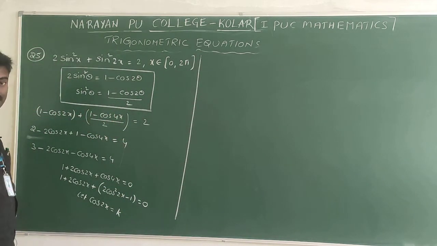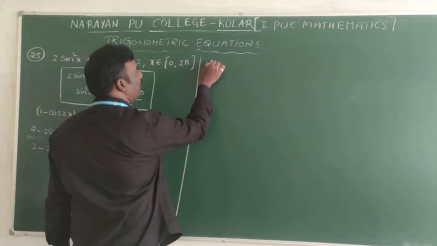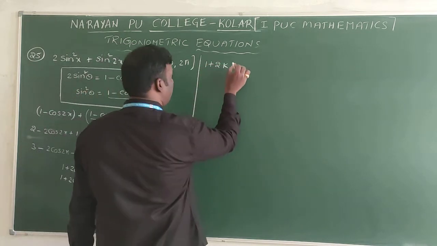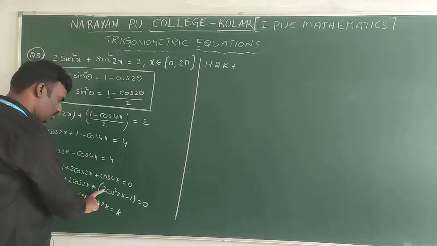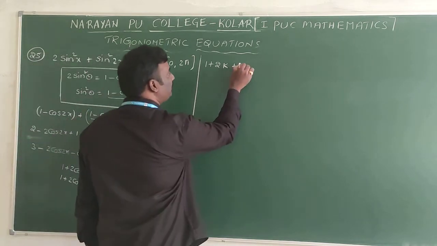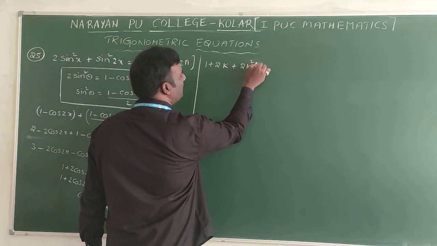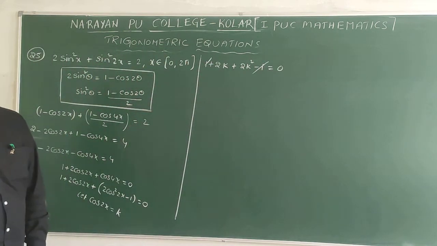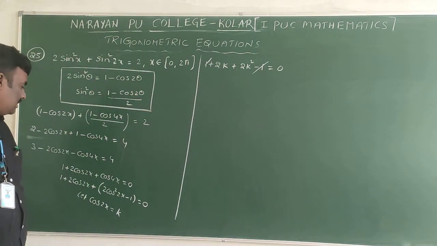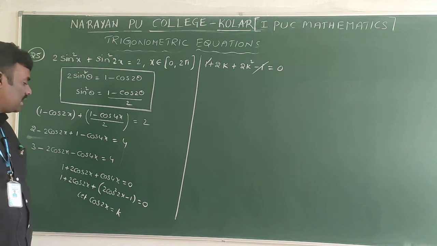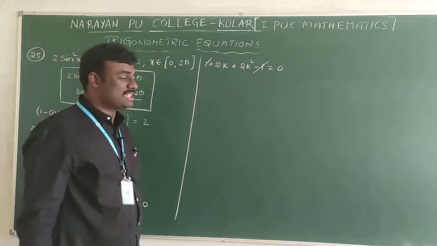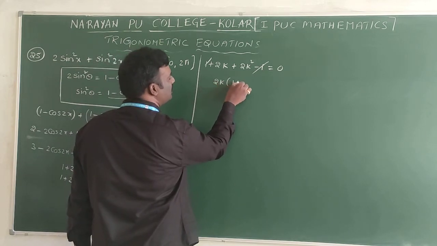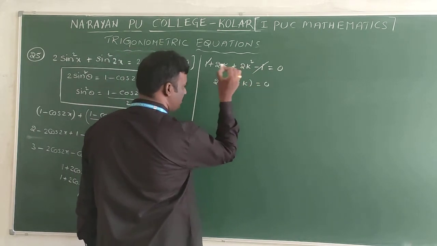Now this can be written as 1 plus 2k plus 2k square minus 1 is equal to 0. Minus 1 plus 1 gets cancelled. Now 2k plus 2k square, I can take 2k common: 2k into 1 plus k equals 0.